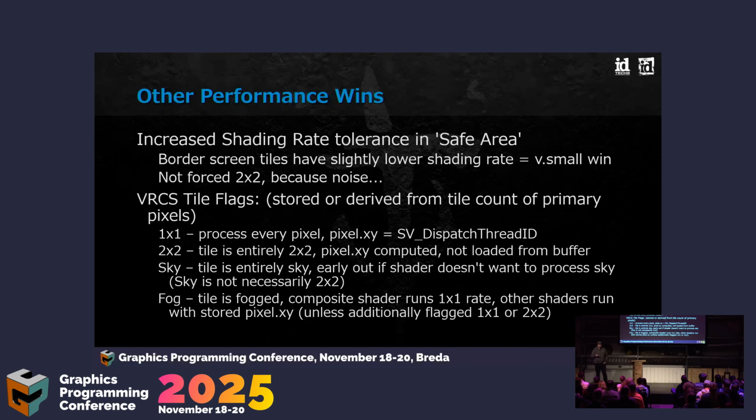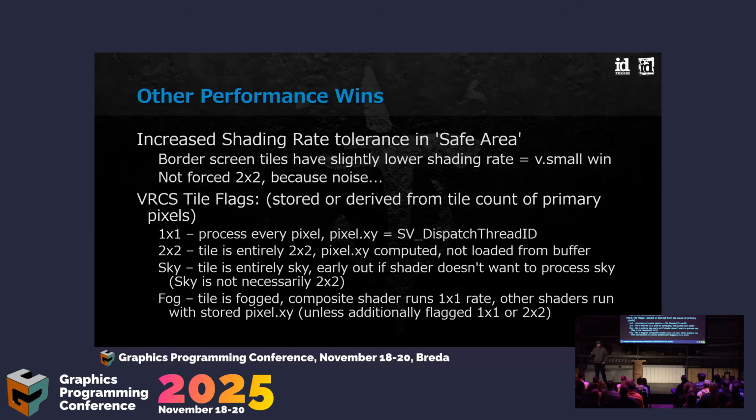So if the tile was entirely 1x1 rate, then we don't need to load coordinates from the buffer. We can just use dispatch thread ID. If it's entirely 2x2 rate, we can programmatically decide where the locations are that we're going to shade. So again, we don't need to load from the buffer. Quite often, deferred passes don't care about sky, so we can have an early out on sky.